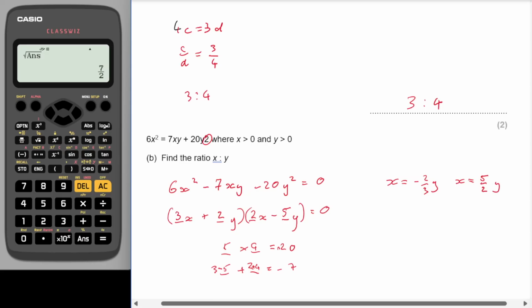And it says here that x has got to be greater than 0, so it can't be that value, so it has to be this one. So like I did before, x over y would be equal to 5 over 2, so the ratio of x to y would be 5 to 2.